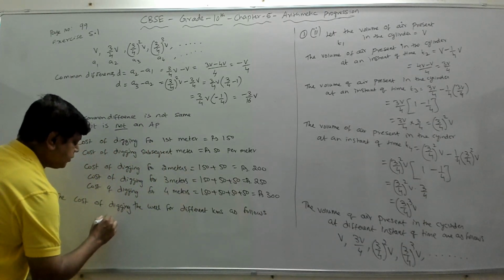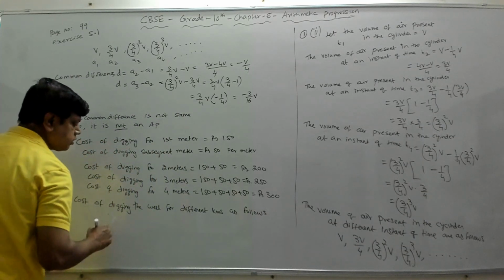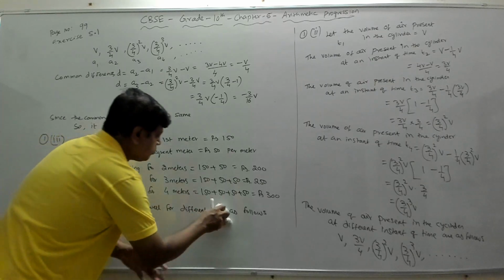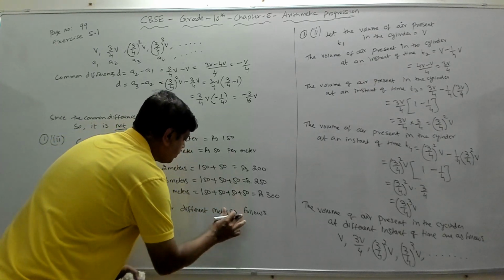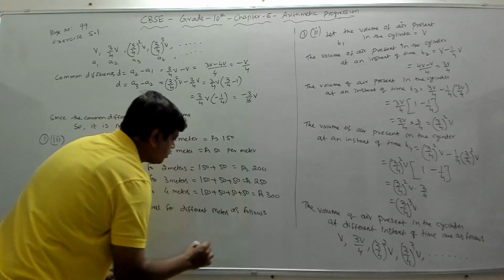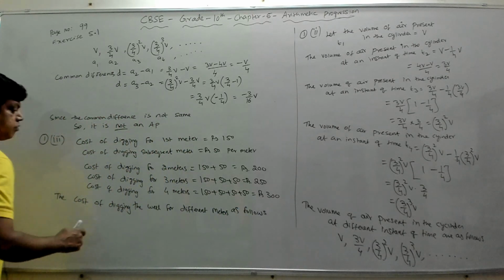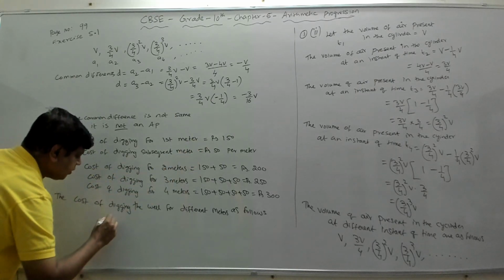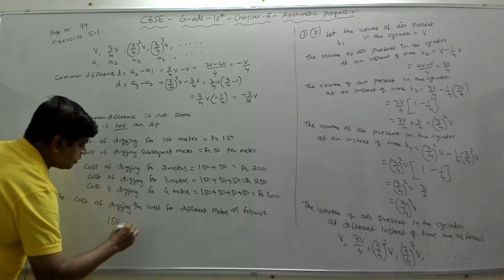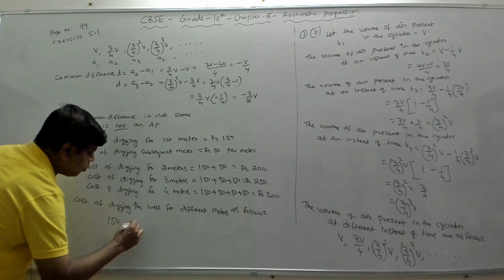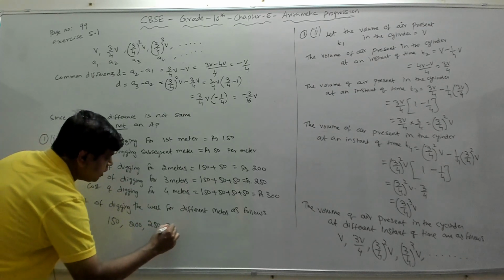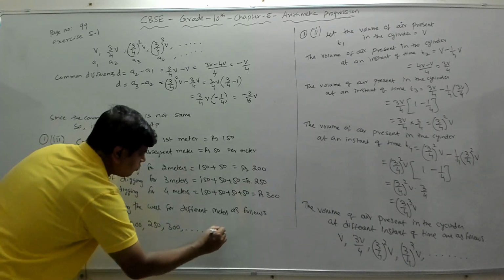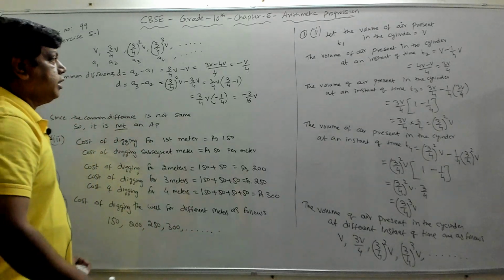That is first meter, sorry, cost of digging the well for meters as follows. So what is the cost of digging for the first meter? First meter is 150, for digging 2 meters is 200, for digging 3 meters is 250, then 300, and so on and so forth. So that's how this is, right?